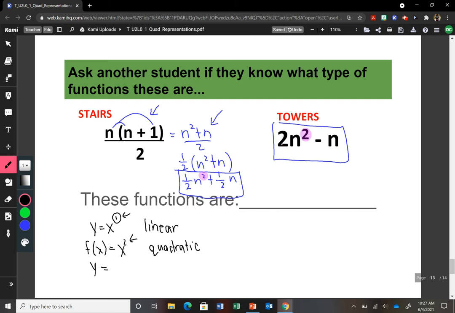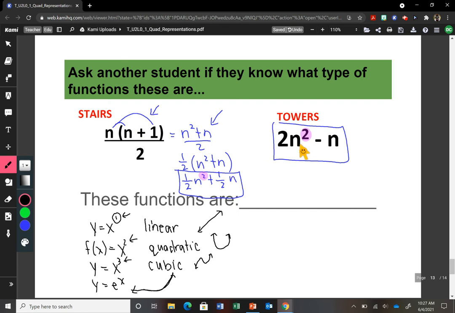Okay, if we have to the third power, we have a cubic, because it's to the third power. Okay, linear, you just have a line, right? Quadratic means we have something that's U-shaped. A cubic can look something like this. And then we have an exponential function, which looks like this. Okay, it's flat, and then it goes up very quickly. Okay, so those are the functions.